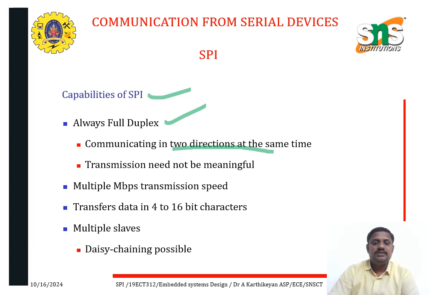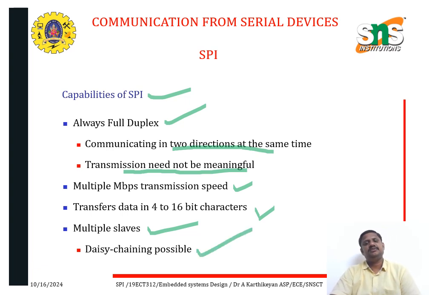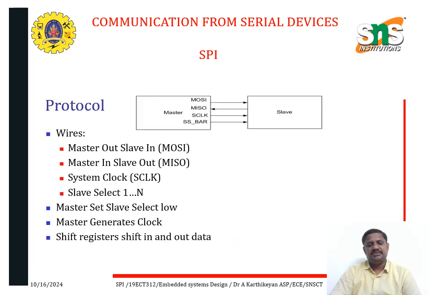That is a very important point. Like our mobile phone is in full duplex mode, sending and receiving take place simultaneously. The data transfer rate is in Mbps, 4 to 16 bit characters are possible, and multiple slaves can be used, so daisy chaining is possible. These are the main characteristics and capabilities of the serial peripheral interface.